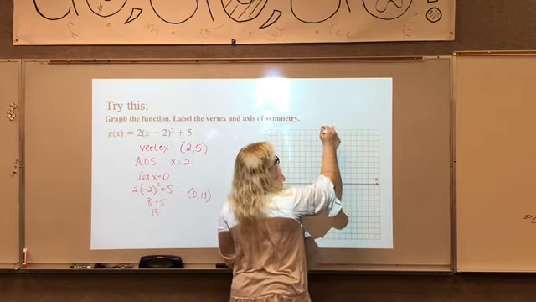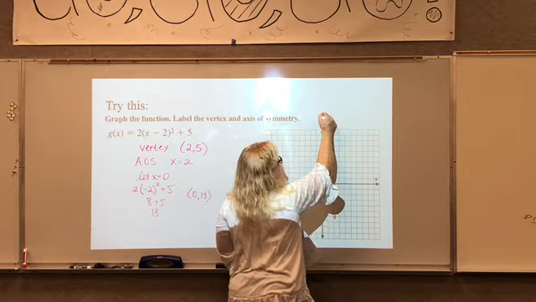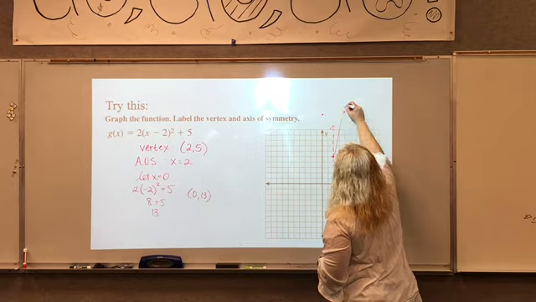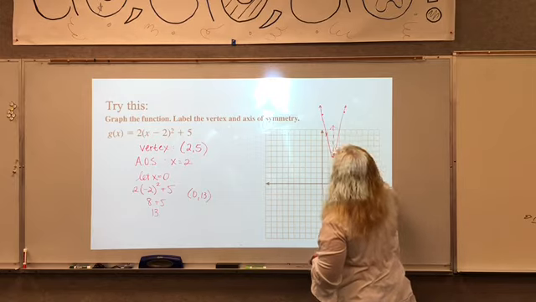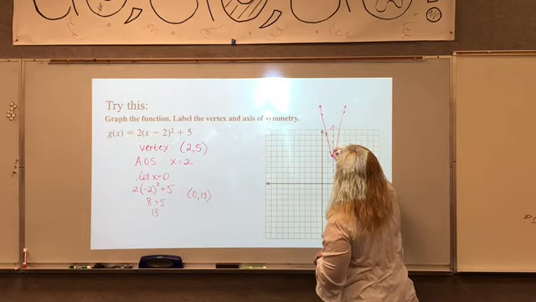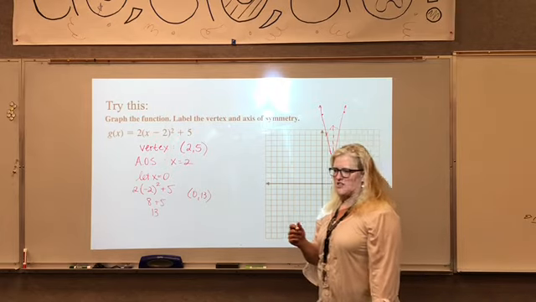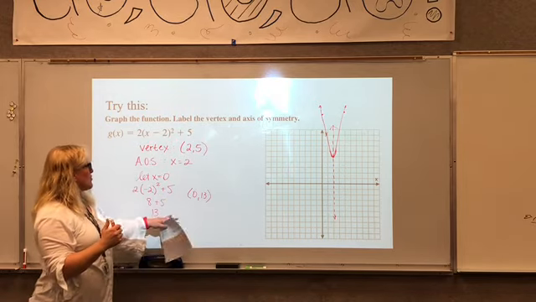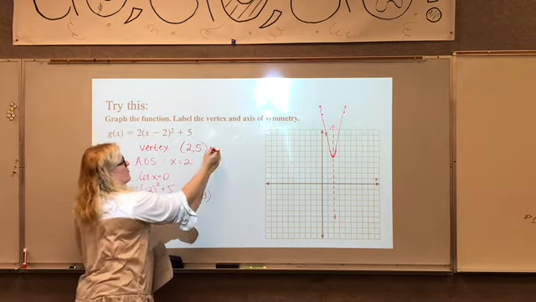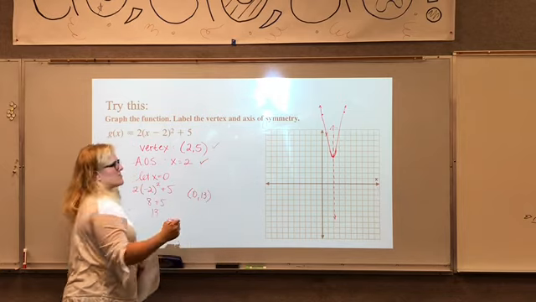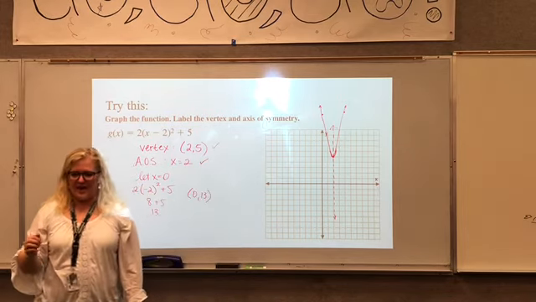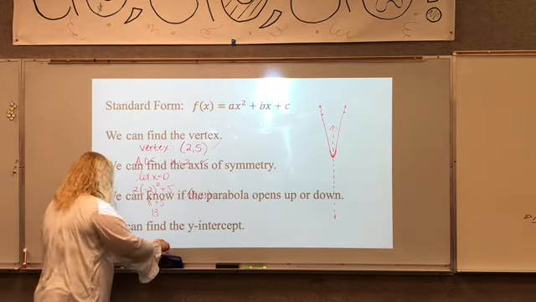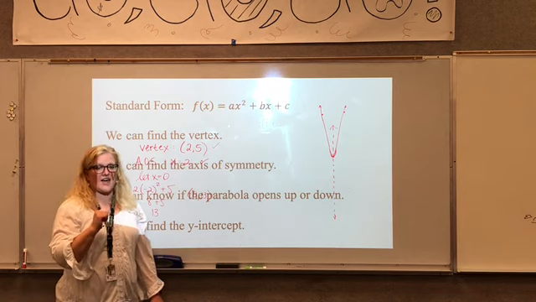So I think this is 10, 11, 12, 13, which means I'll have it up here. Anyway, it's kind of up a little ways, and that should be more curvy. It's not an absolute value function. So really what we were looking for is the vertex and the axis of symmetry, and it looks something like that. All right, so next we have the standard form, and I will cover that in the next video.